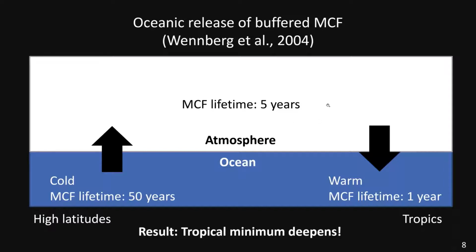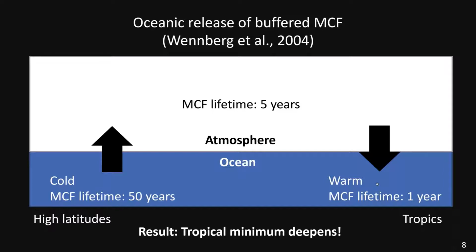And key to that is that the atmosphere is relatively well mixed, or mixes relatively quickly compared to mixing in the ocean. So what happens is that when the emissions drop, the atmospheric methyl chloroform starts to decline, as we've seen, with about 20% per year. But the oceanic methyl chloroform at the high latitudes remains kind of constant on a time scale of years because the lifetime is so long.